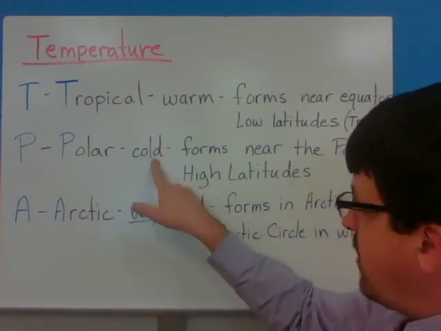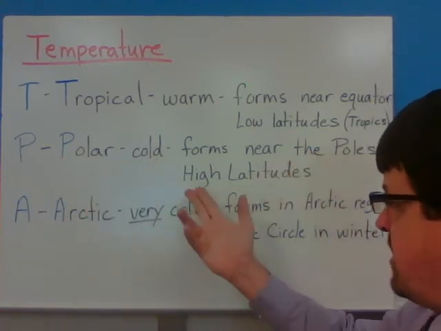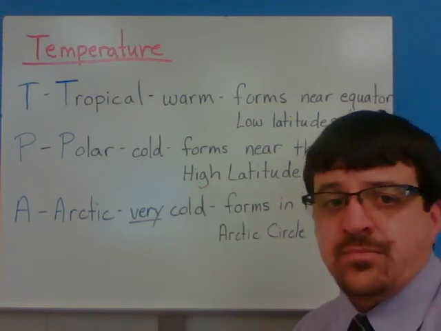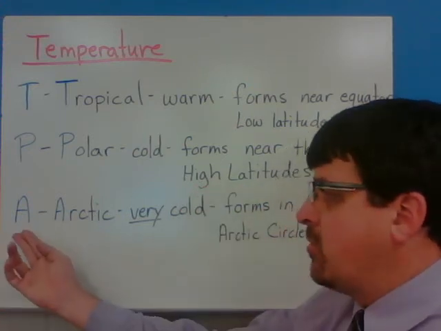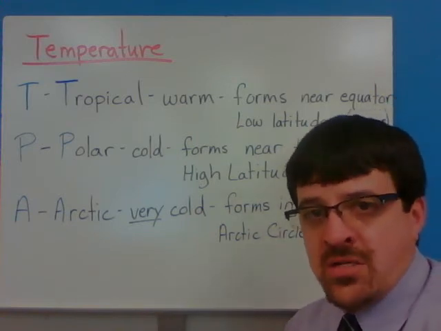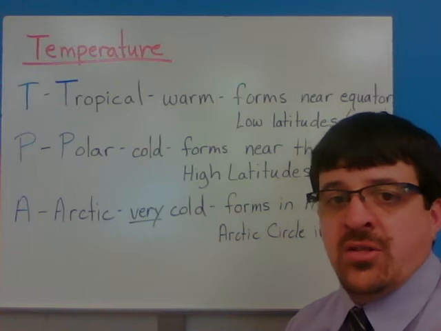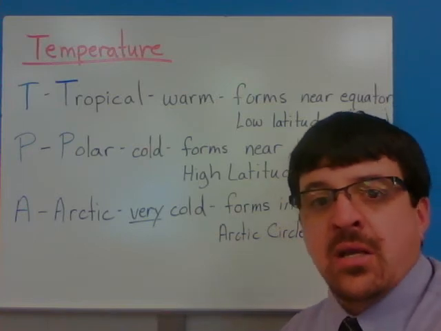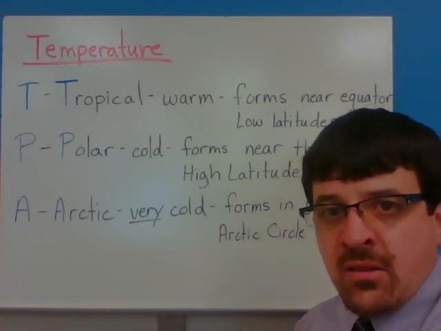It's a cold air mass that forms near the poles, or high latitudes. The very cold one is the Arctic air mass, and for us in the northern hemisphere that only happens in the winter months because we're losing daylight hours.